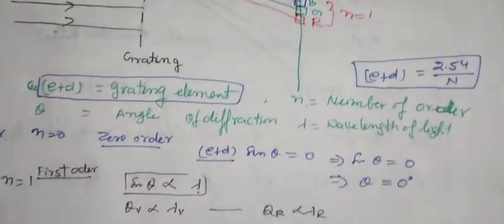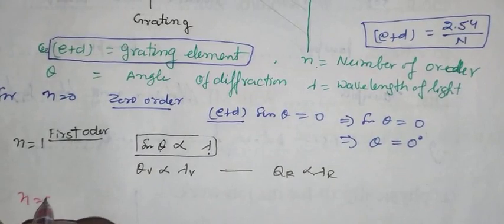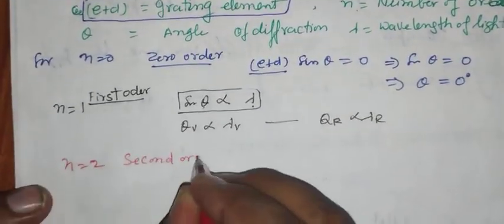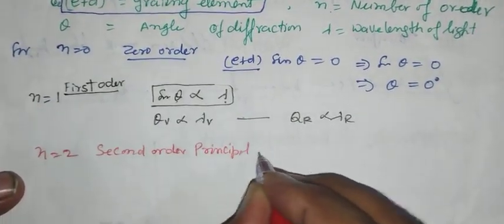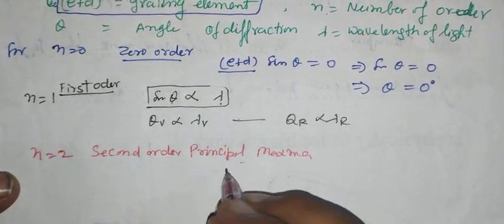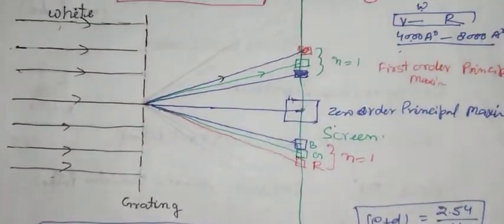Now see for the second order. For the second order we will take n = 2. This is called the second order principal maxima, for n = 2. The same, second order, see in the diagram.